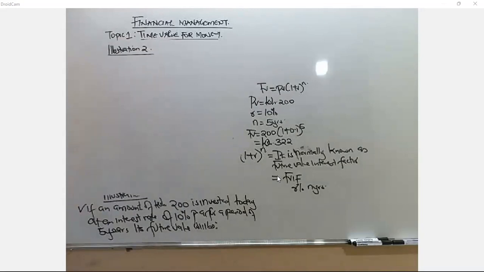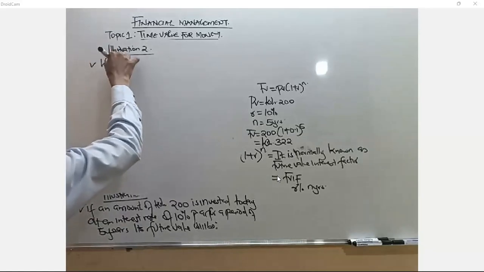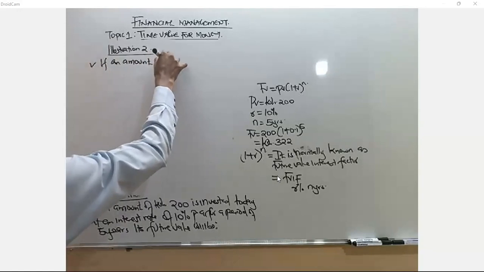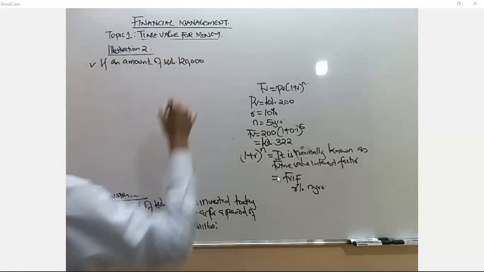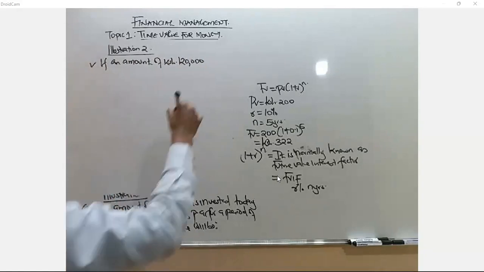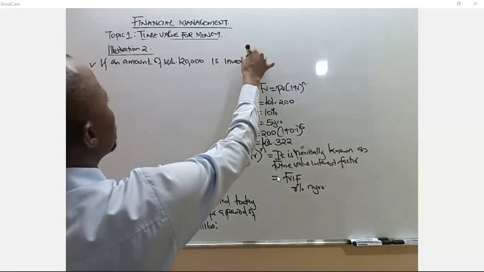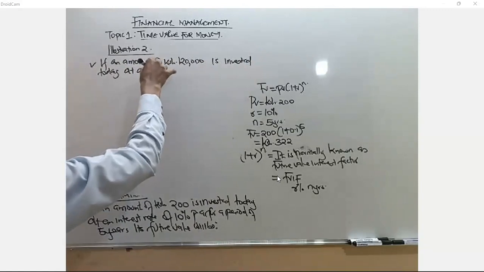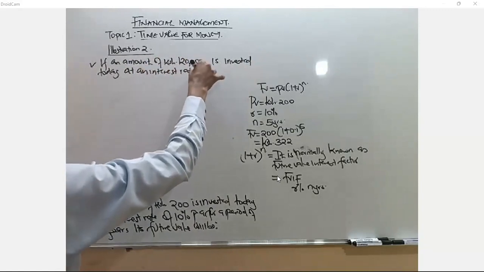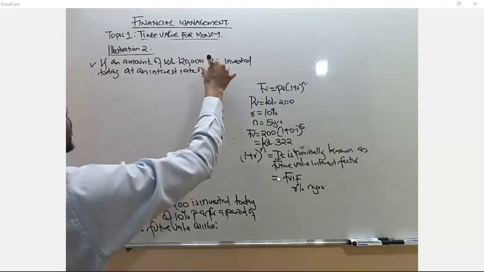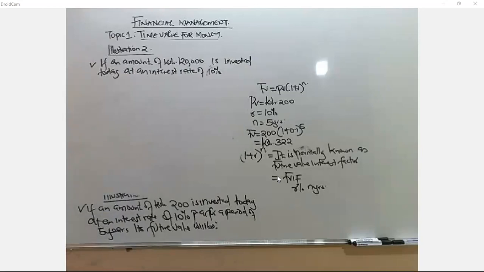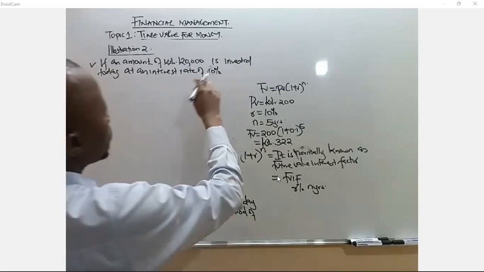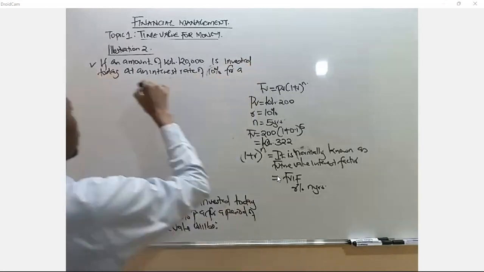An amount of 120,000 Kenya shillings is invested today at an interest rate of 10% per annum for a period of 5 years.